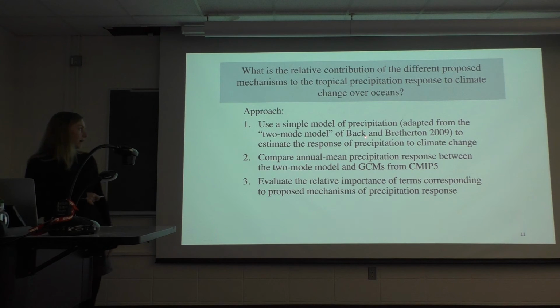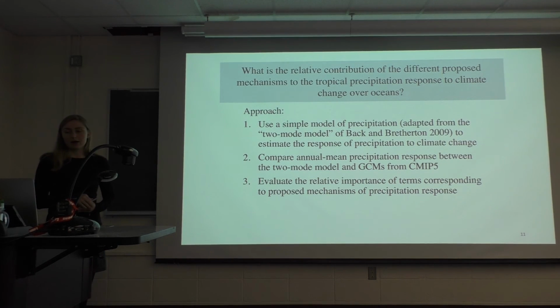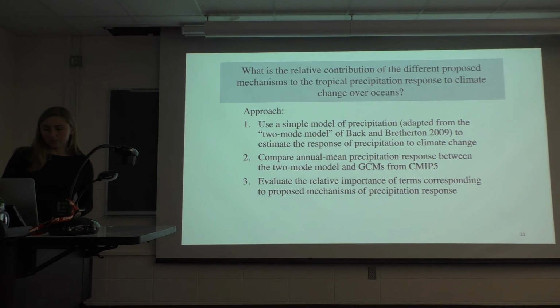It's a two-mode model that some of you may be familiar with and that one of you invented. We're going to apply that to climate change using the CMIP5 models, and we're going to evaluate the relative contribution of each mechanism by isolating the terms in the model that correspond to that mechanism. I'll go through this, but this is just an overview of what we're going to do.